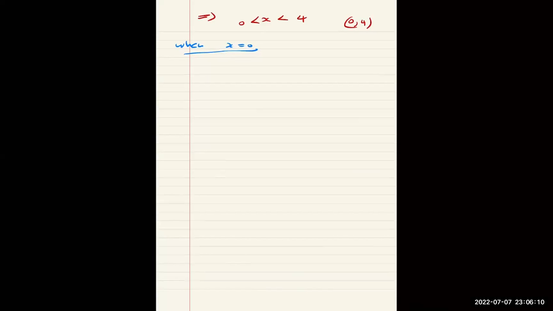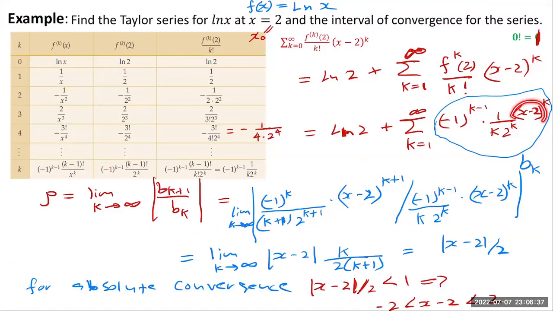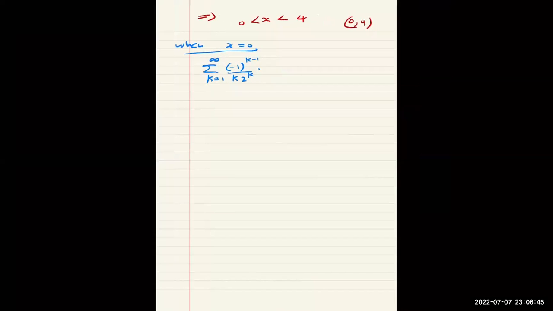Then I'm going to get sigma k goes from 1 to infinity of minus 1 to the power k minus 1 divided by k times 2 to the power k times, remember that should be x minus 2 to the power k, but I am plugging x is equal to 0. So that is 0 minus 2 to the power k. It should be minus 2 to the power k.